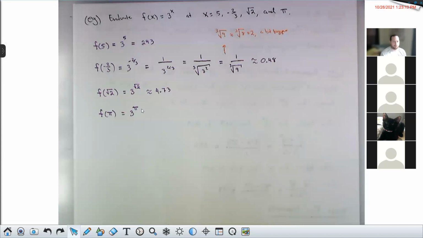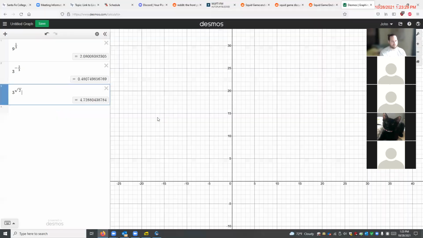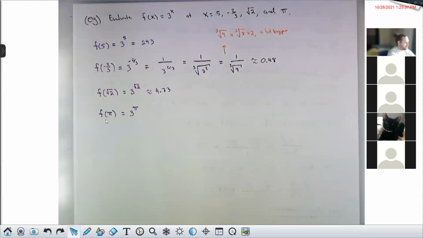Pi is a tiny bit bigger than 3, so 3 to the pi is probably a tiny bit bigger than 3 to the 3. 3 to the 3, or 3 cubed, is 27. So I expect this to be a little bigger than 27. But how much bigger? 5 bigger? 2 bigger? It's not immediately obvious, but we can ask. And we say 31.54. So yeah, a little bigger than 27.